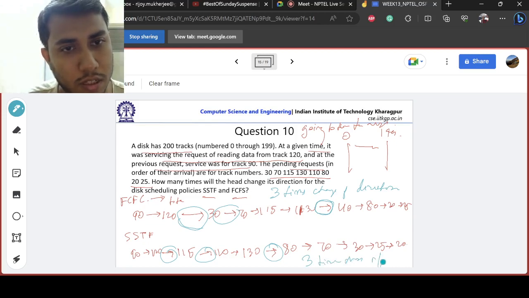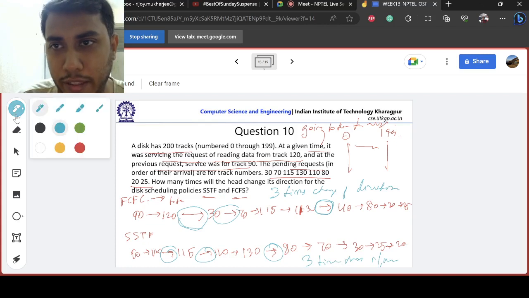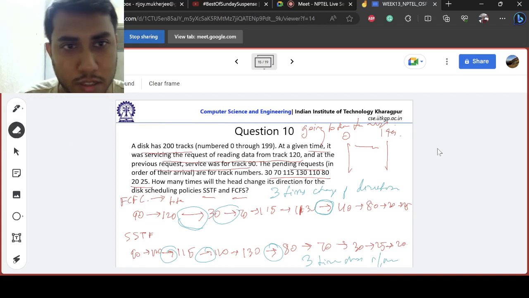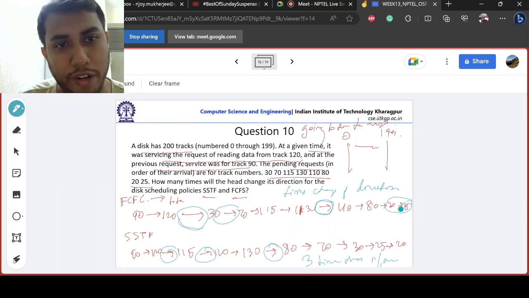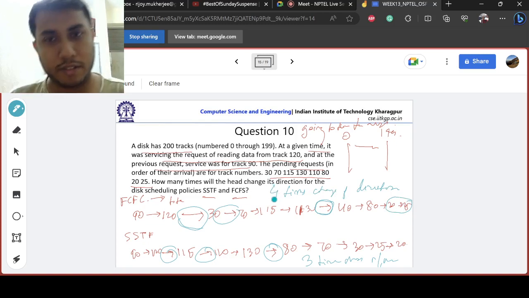And in this case, there is one more change of direction. If you look, there is another change of direction from 20 to 25. It is again changing the direction upwards. So that is four times change of direction in this case.